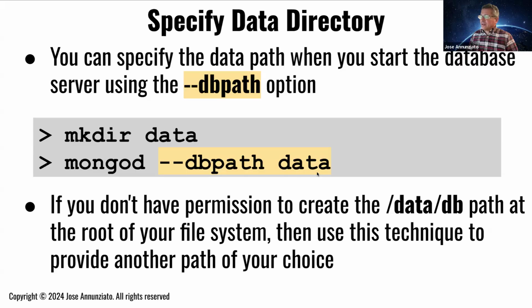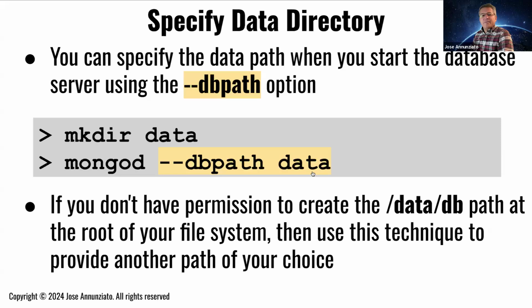Then you provide the path of the data directory that you created. So again, I have a local data directory in my home directory, so when I start MongoDB, I run mongod --dbpath and then the data directory like this.